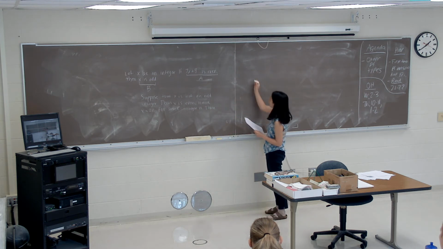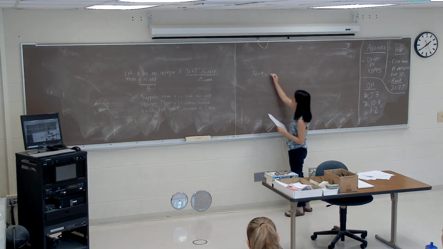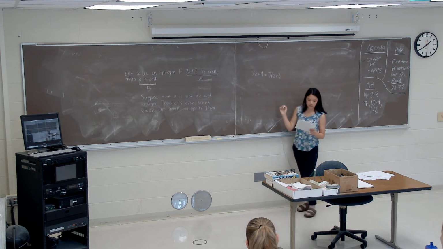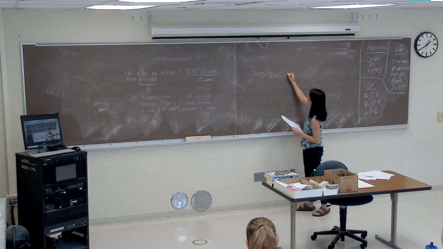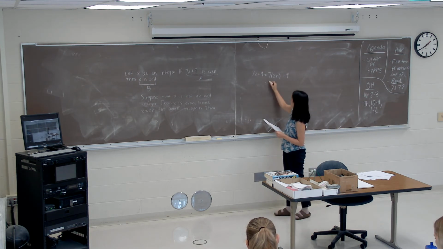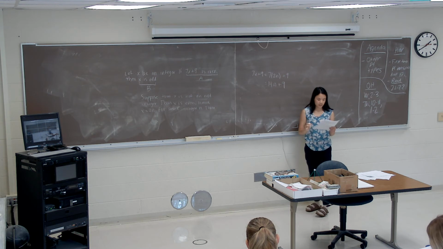Then 7x plus 9 equals 7 times 2n plus 9, and then we can simplify that by writing 14n plus 9.